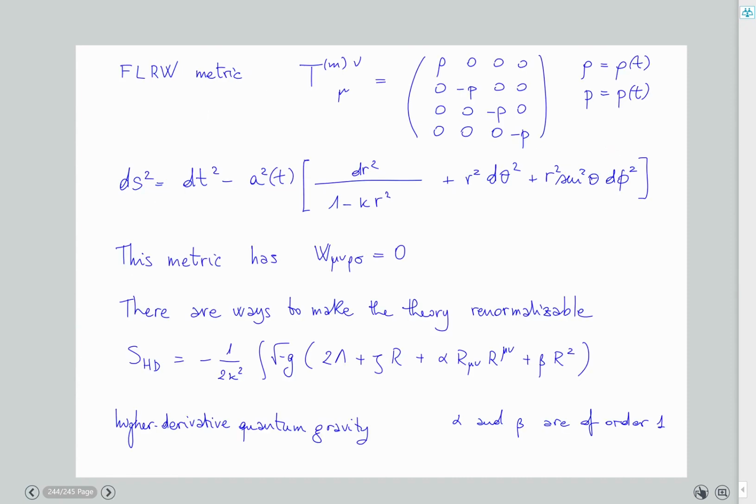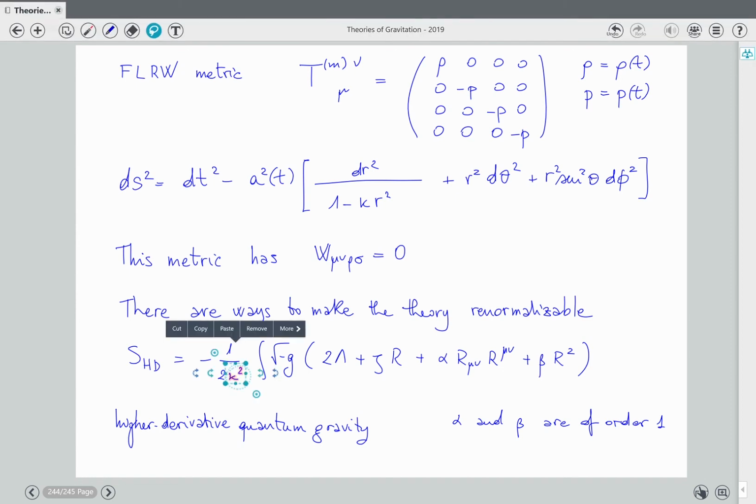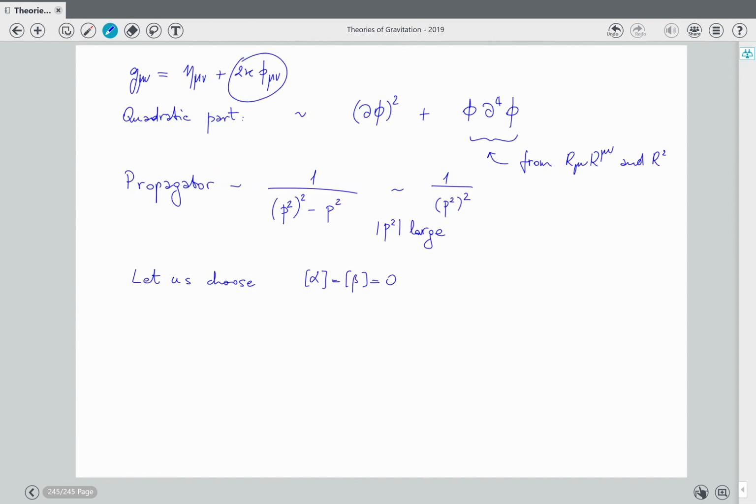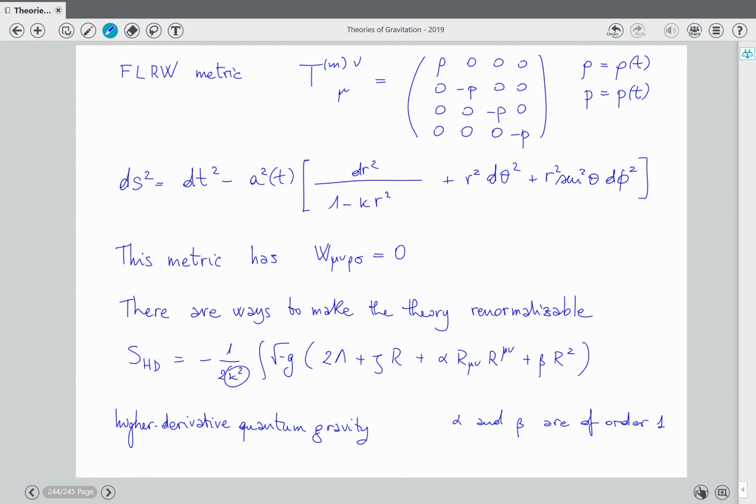And so when we expand around flat space, the quadratic terms simplify the kappa squared because 2 phi's bring 2 kappas. So they simplify the kappa squared.